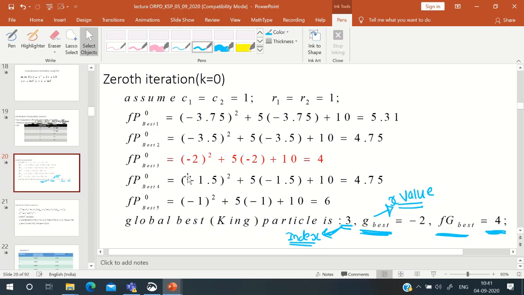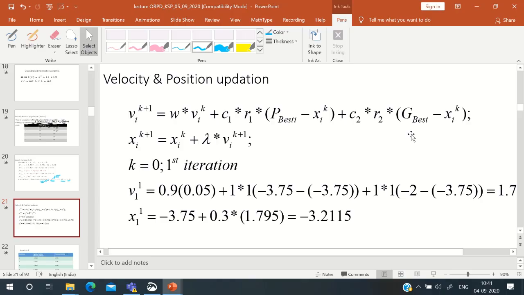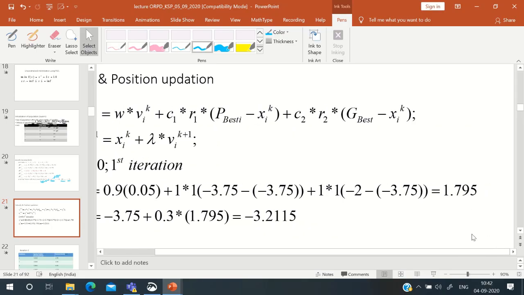Its x value, not function value, remember, x value is minus 2. See, in this equation you have to consider the x values. Remember, I repeat, consider the x values, not function values. So g best is minus 2 minus x i k. See, this term and this term are both the same, so minus 3.75 minus 3.75. So you will obtain 1.795. It's the step length of the first particle.